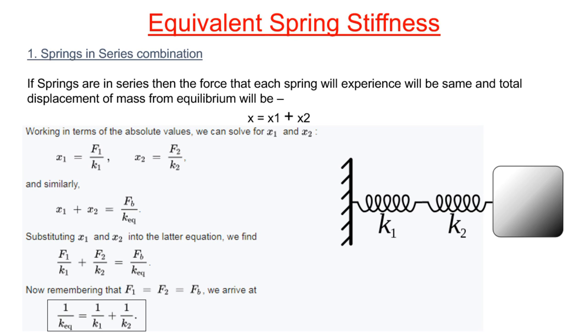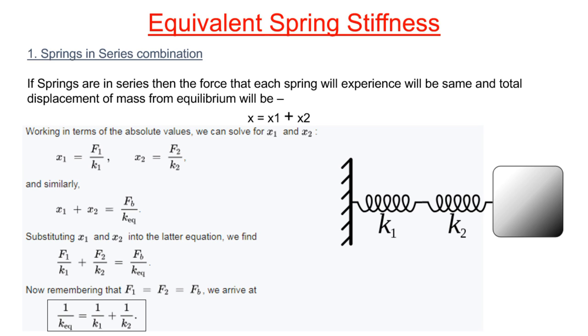stiffnesses. Therefore, substituting the value of x1 and x2 into the latter equation, we will get F1 by k1 plus F2 by k2 is equal to Fb by k equivalent. You are knowing that F1 and F2 is equal to Fb, that is total force.